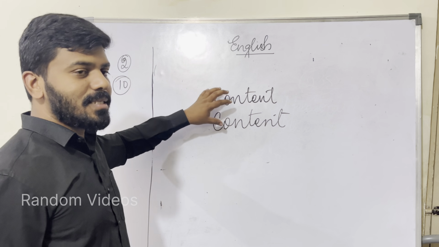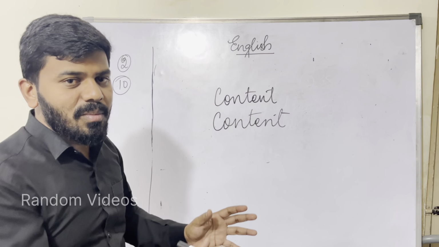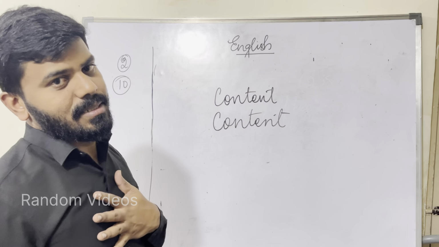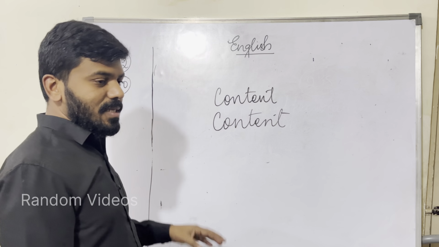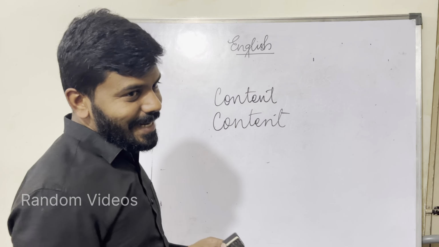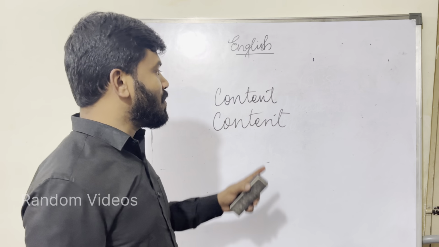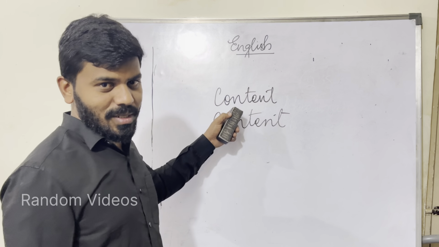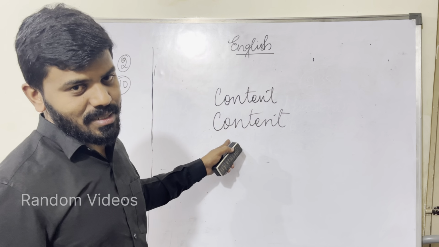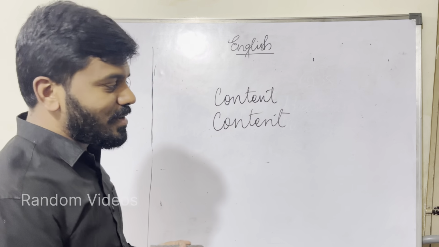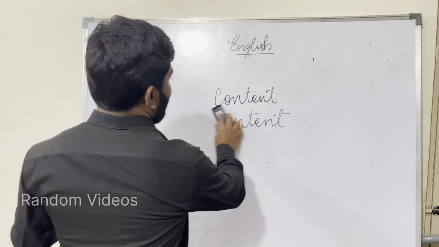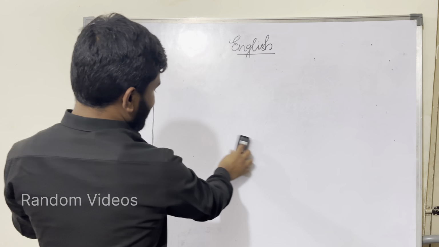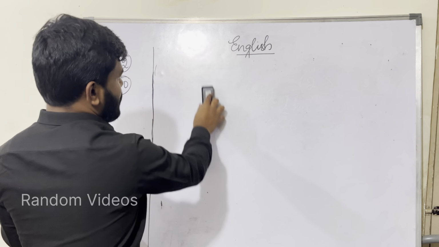So content is what is there in the book. Content is also happiness: "I'm content" means I'm happy. So please do not use the word content to indicate your happiness. Be very careful when you use the words. Okay, just a simple pronunciation makes a lot of difference, just like produce and produce.